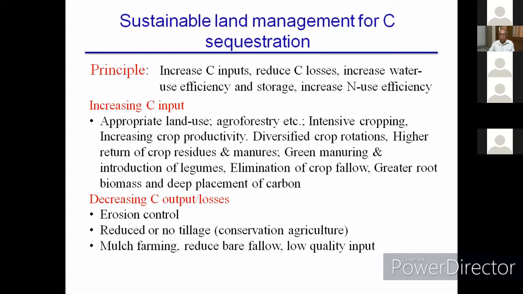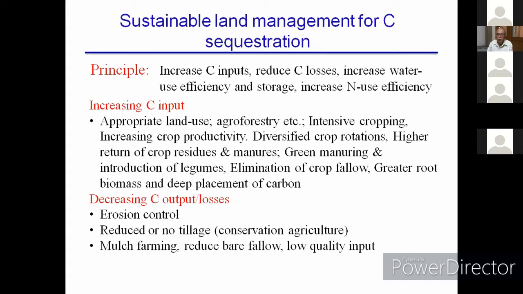So how we conserve the resources. That's very important. Conservation agriculture is basically a cocktail of the practices which I say increase carbon input and decrease outputs. It's a combination. So we are now having harmony between inputs and outputs when we go for conservation agriculture, also called CA.